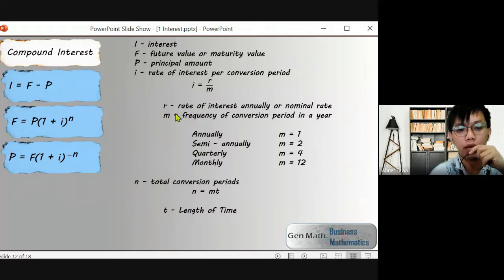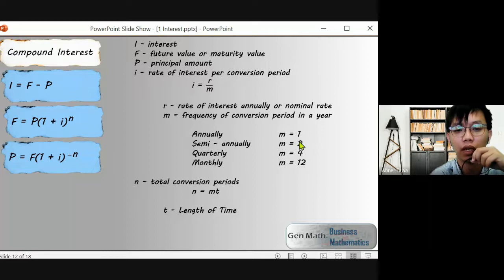And dito sa M, frequency of conversion period depends dun sa given problem. Pag sinabi niyang compounded annually, ang magiging value ng M will be 1. Pag compounded semi-annually, ang magiging value ni M is 2. And pag compounded quarterly, ang magiging value ni M is 4. And pag sinabing compounded monthly, ang magiging value ng M is 12.